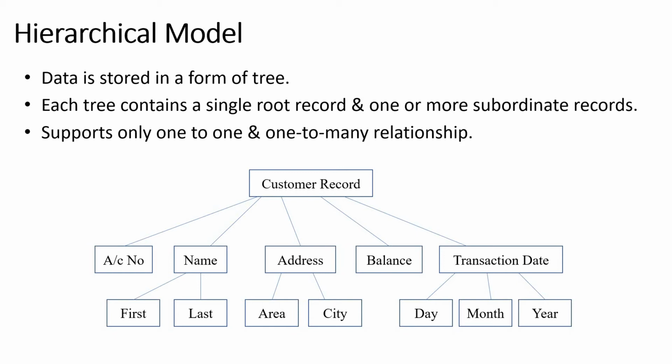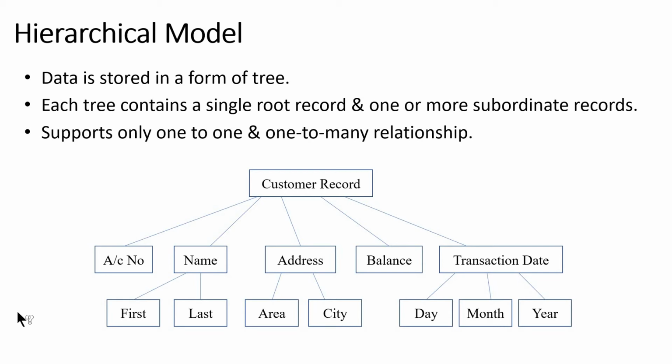If there is more than one child, then we can have a one-to-many relationship. In case of this particular model, we cannot have a many-to-one or many-to-many relationship. In this model, the owning entity we call the root, or we can also call it the root record or root node.